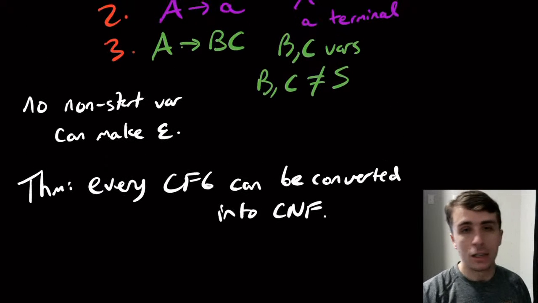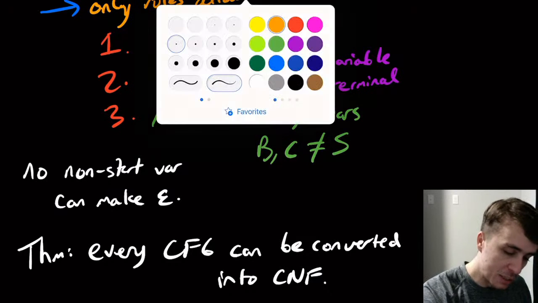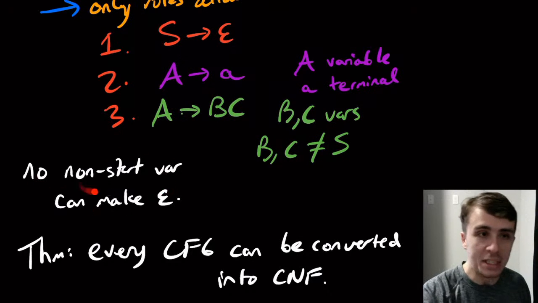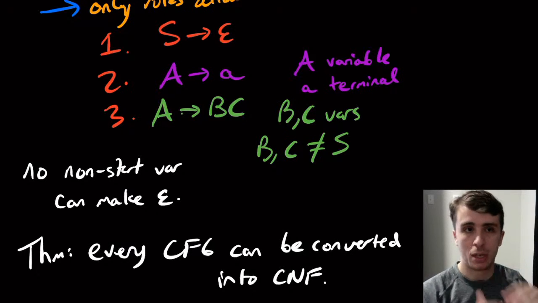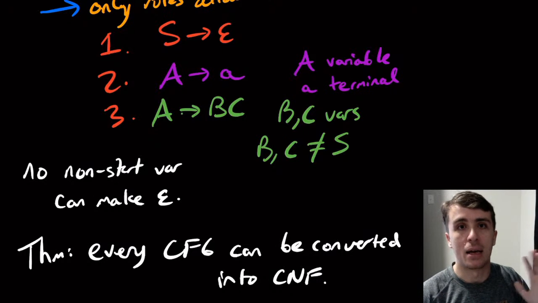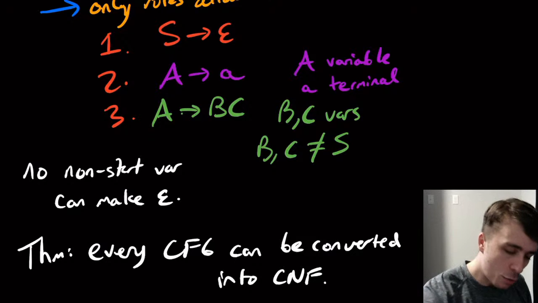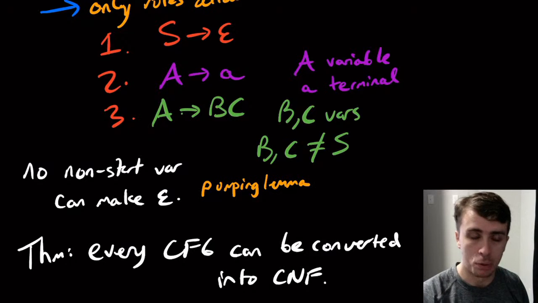Okay, and why would you want such a thing? There are actually several reasons. One of them is that every variable is productive, in that they actually make something, versus just making epsilon and not being productive at all. Another reason is that when we use the pumping lemma later, it helps prove that.